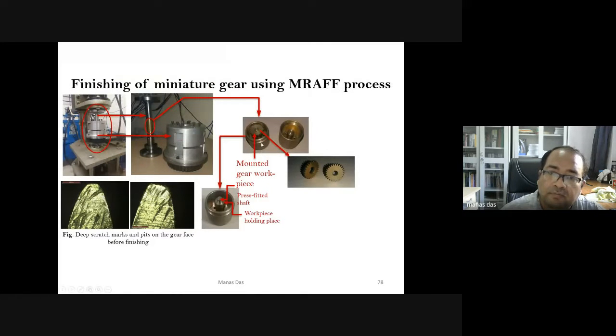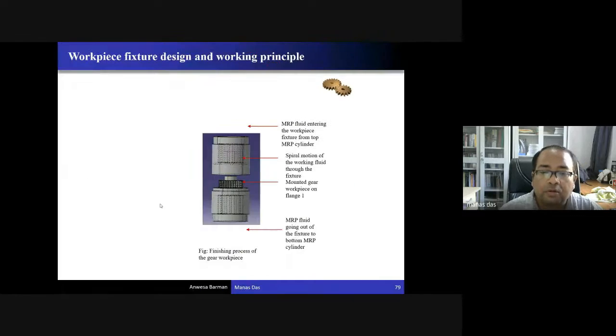You can see this is the fixture where we flow this media through the gear. These are the holes through which we are flowing the media, and this is the magnet fixture here. Through this magnet fixture we apply a magnetic field, and at the same time it is rotated. How is this fluid flowing through this? We have simulated this using COMSOL.